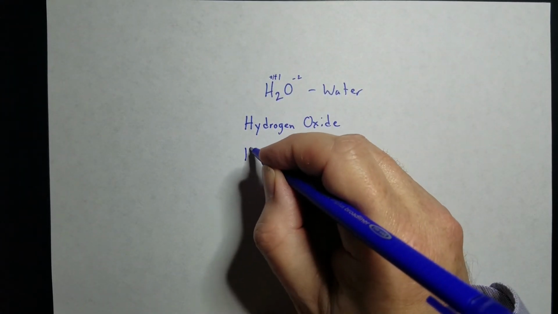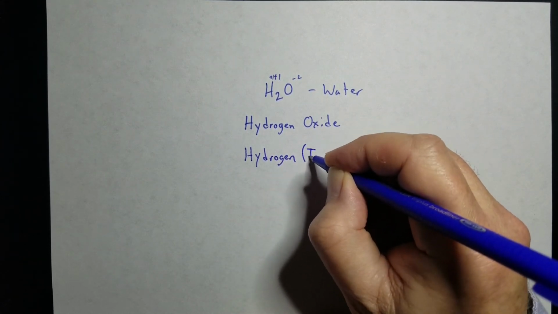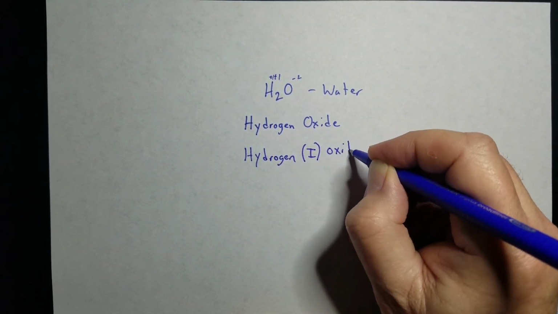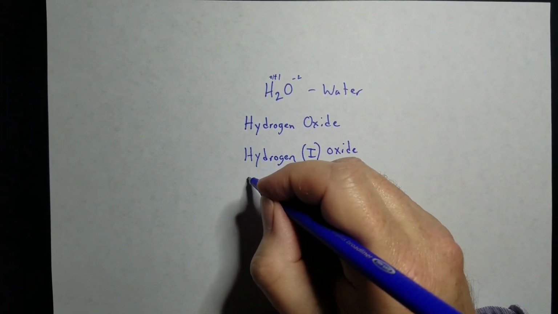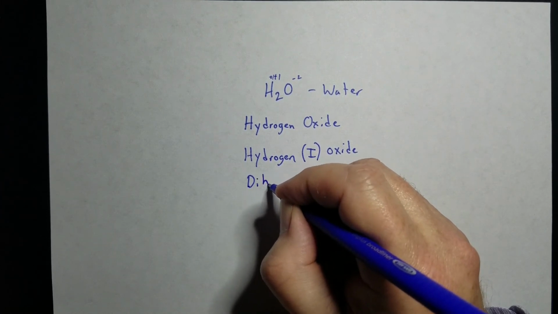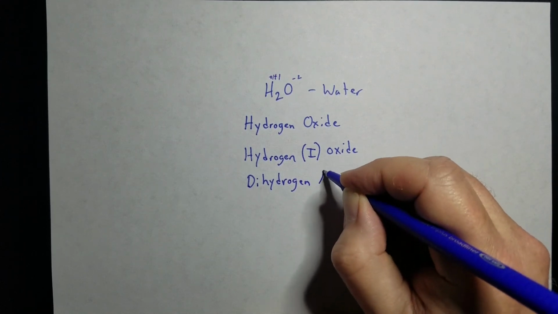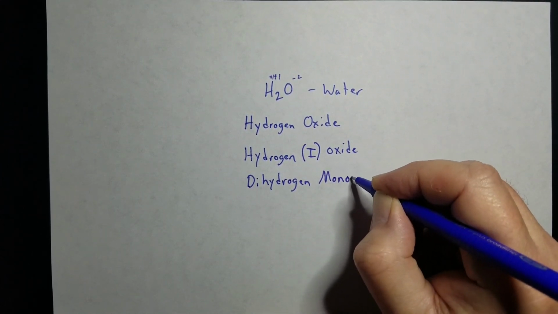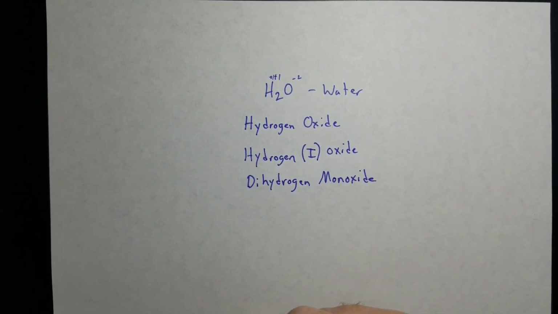So that would be a hydrogen, Roman numeral 1, oxide. If we're naming it by the type 3 style, that'll be dihydrogen monoxide. So dihydrogen monoxide. But commonly, they're named type 1, type 2, and type 3 by the location of that first element.